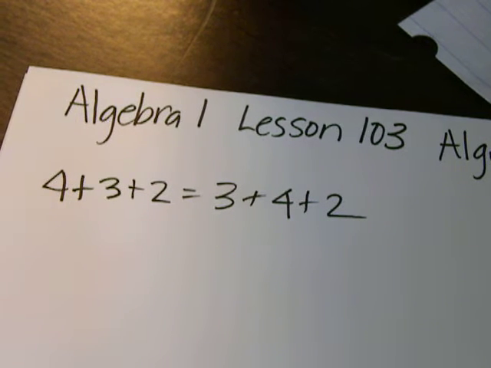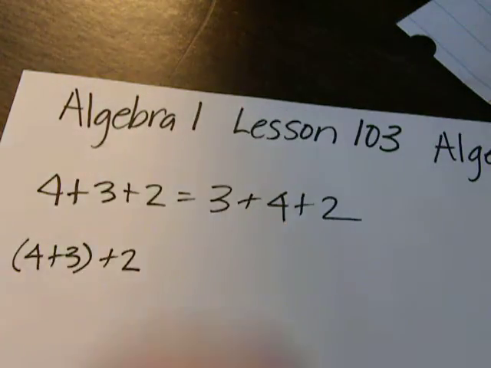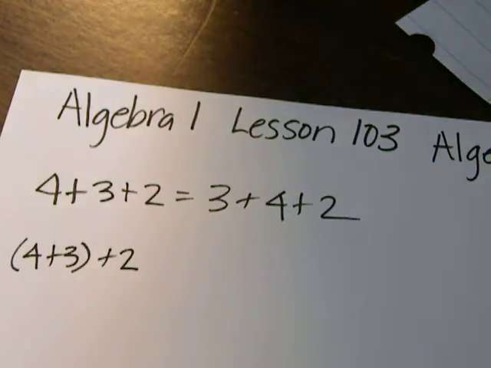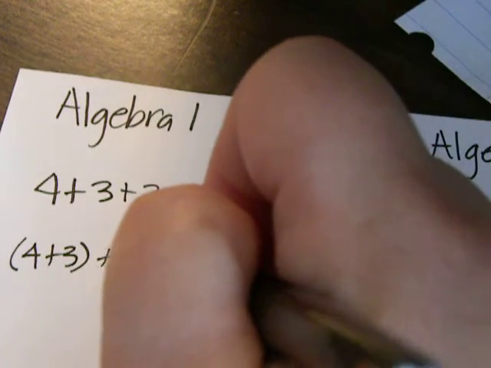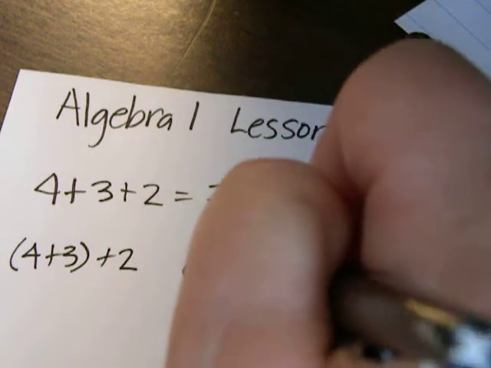Now, we can just look at that and we know that it's true, but again, we're going to use mathematical proofs to show that. So the very first thing that we're going to do is write 4 plus 3 plus 2.